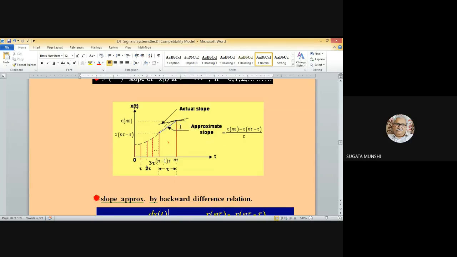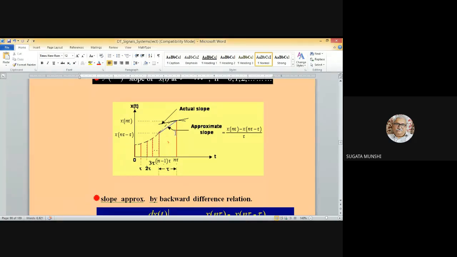So therefore, what is the slope of this straight line? The difference between the two, this height, divided by tau. This width is tau. So x n tau minus x n tau minus tau. The difference is the height of this right angle triangle, and that divided by tau, the base.